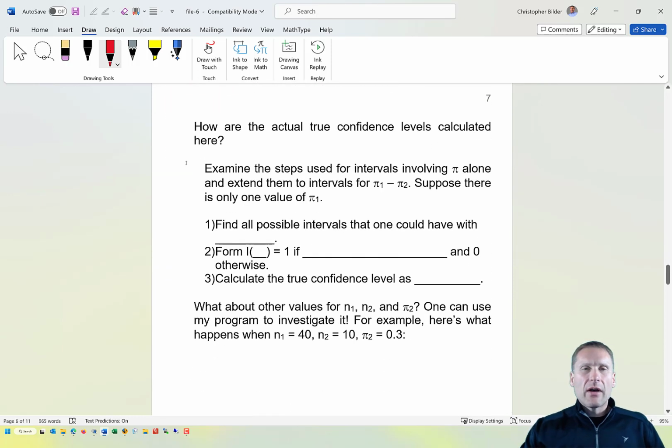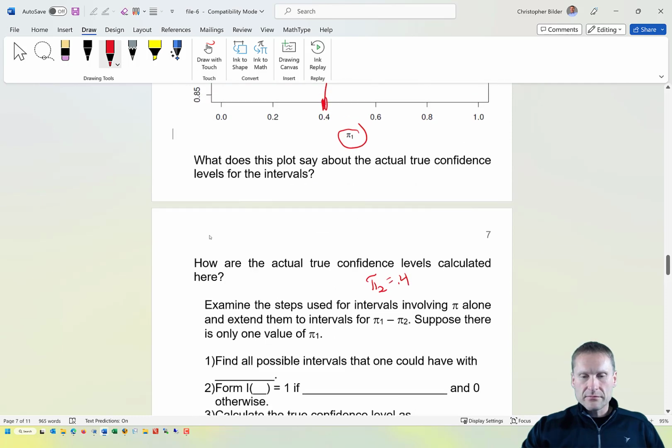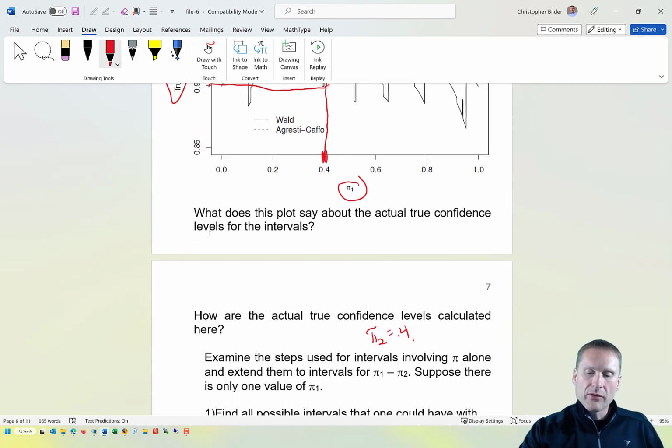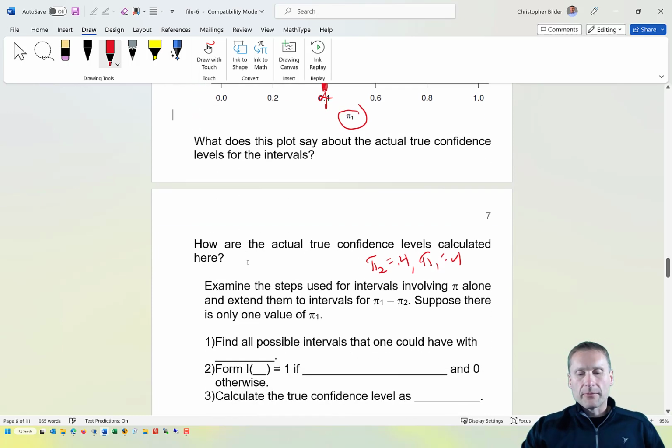Okay, so how is this plot done? Well, it's done in a very similar manner to what we saw earlier for a confidence interval for just pi itself. And so to help you understand this, let's consider the situation where pi2 is 0.4 again. pi2 is 0.4, pi1 is 0.4 as well. So this is the particular situation I was referring to earlier.